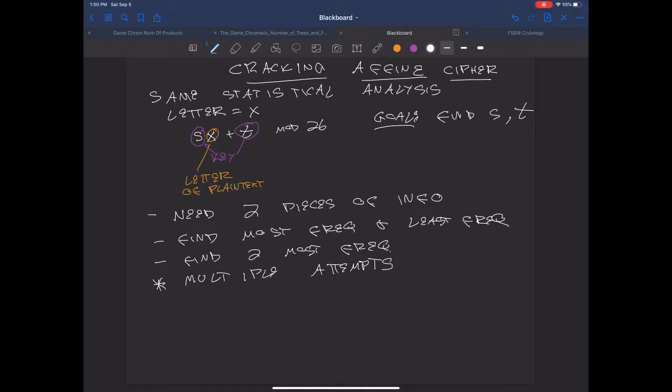You're going to think that one letter corresponds to Z, when actually it should be corresponding to Q. Or you're going to think the second most frequent letter corresponds to T, when really it should correspond to S. So you're not going to get it right the first time like you probably did with the shift cipher. Instead, you're going to have to take multiple attempts and multiple guesses at this.